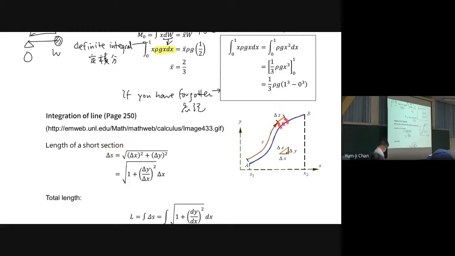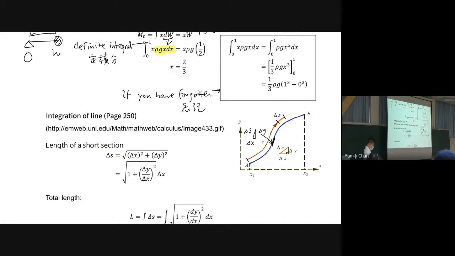For each section delta S, we can get one delta Y and one delta X. I don't care what the values are, but we have one value of delta Y and one of delta X. Then delta S is the square root of delta X squared plus delta Y squared.